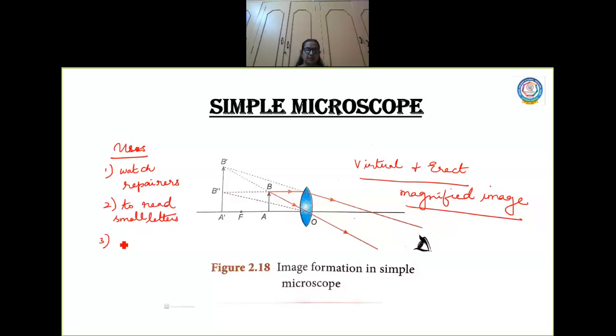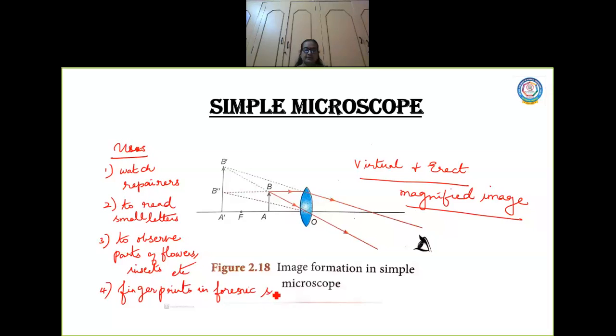Then third, to observe parts of flowers. That is what we use in the lab. Parts of flowers, insects, etc. can be viewed through this microscope. And the fourth point is to observe fingerprints in forensic science.